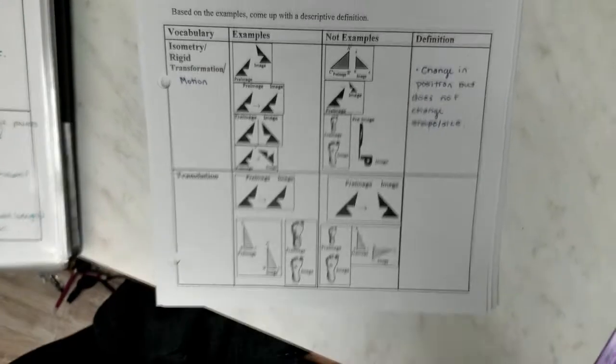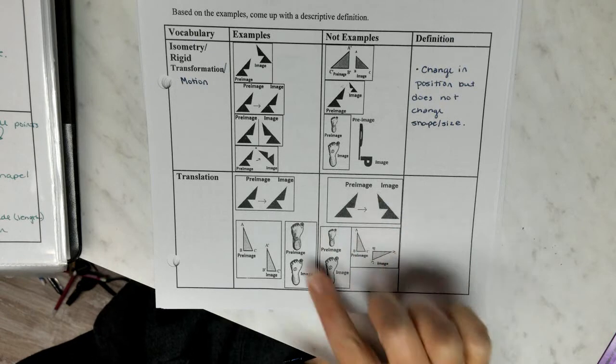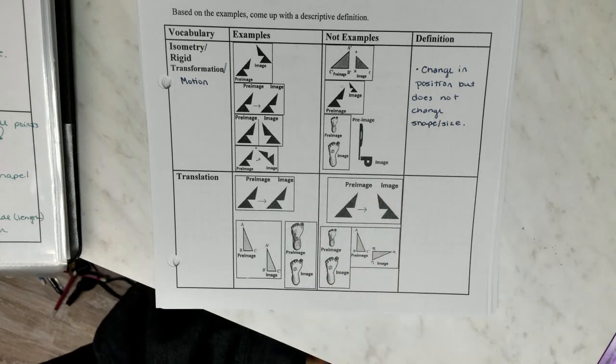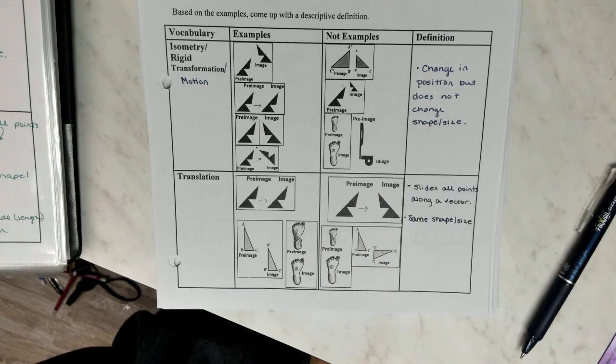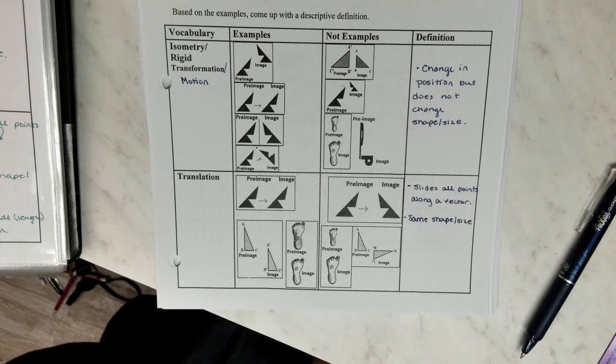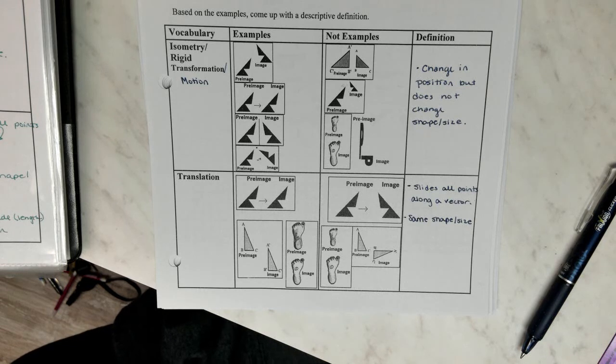So what do you notice about the examples versus not examples? What did you guys come up with? Okay, so you should have had something along the lines of it slides all points along a vector. You probably did not come up with the word vector, but I am now telling you that. We're also going to take a minute to define it in a second.